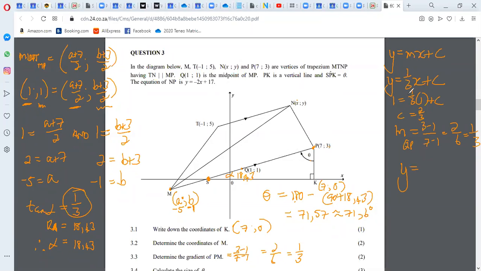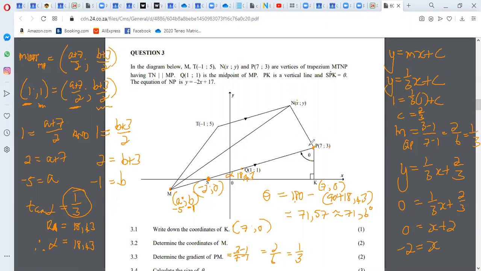So the equation of the line is a third x plus 2/3. And then we could make y 0 in order to find x. Right, LCD of 3. Right, so x equals minus 2. So this is minus 2, 0.